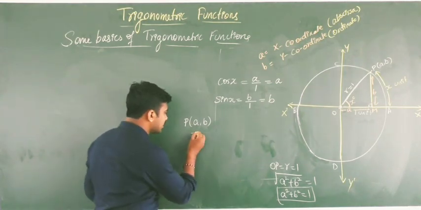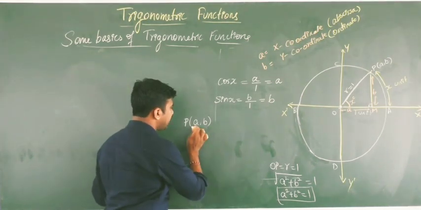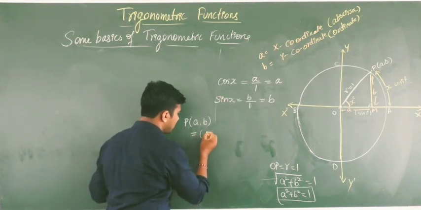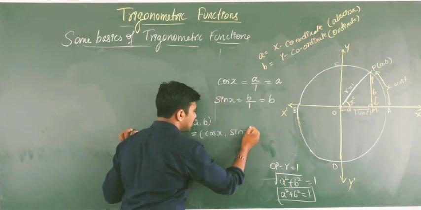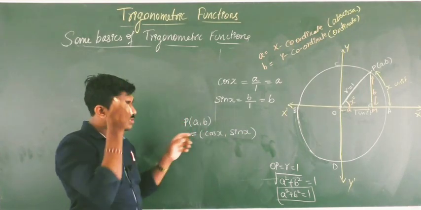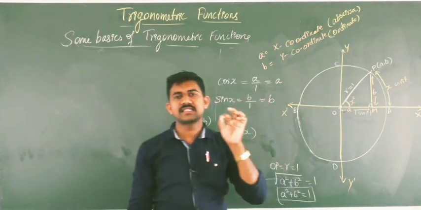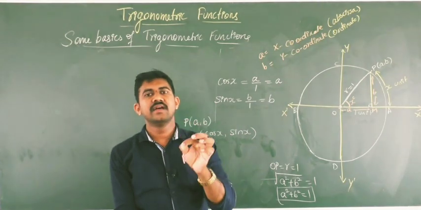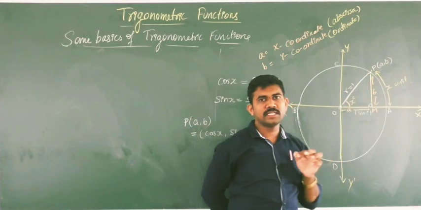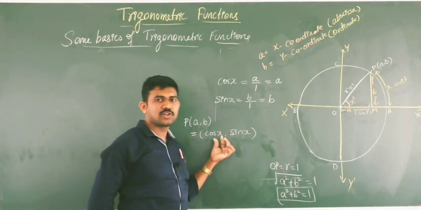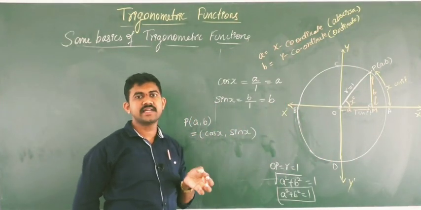We can write this in terms of trigonometric form, like a is nothing but cos x, and b is nothing but sin x. So if we consider any point on the circle, the coordinates of that point are cos x comma sin x, where x is the central angle.